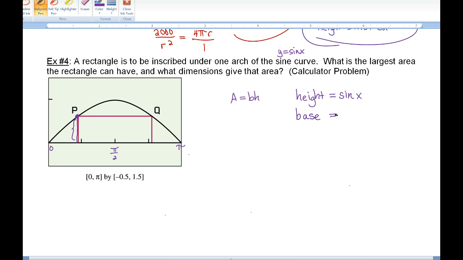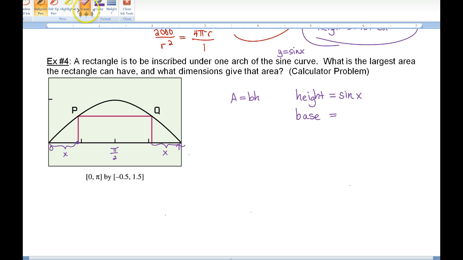Okay. Now the other part that we need to consider is the base. If you look at, here is 0, and let's say, hypothetically, that that's going to be the spot that's going to maximize the rectangle. So this is x, and since this is symmetrical, this is also x.